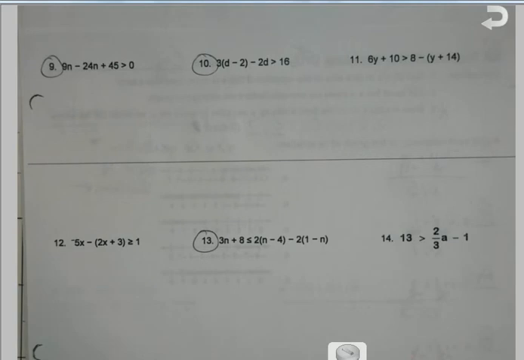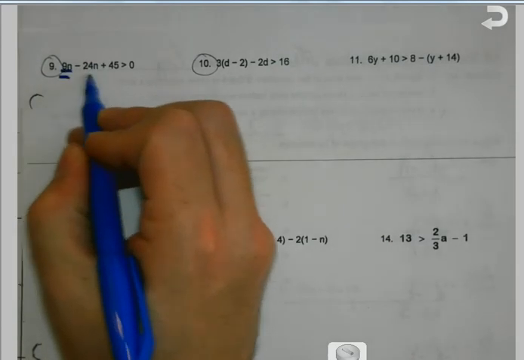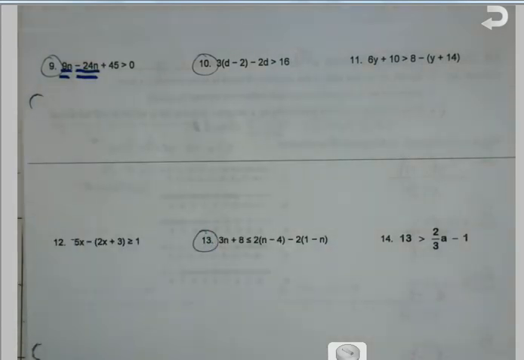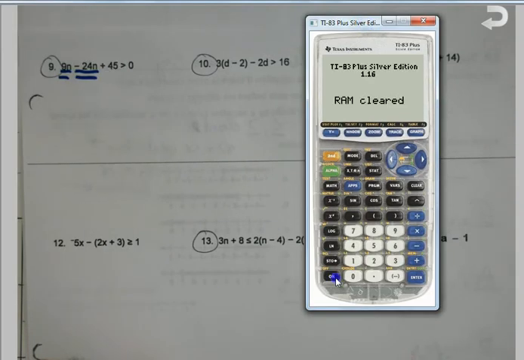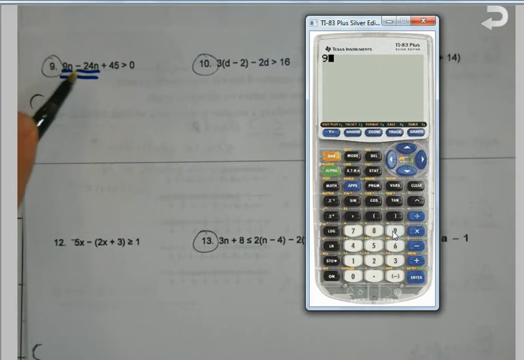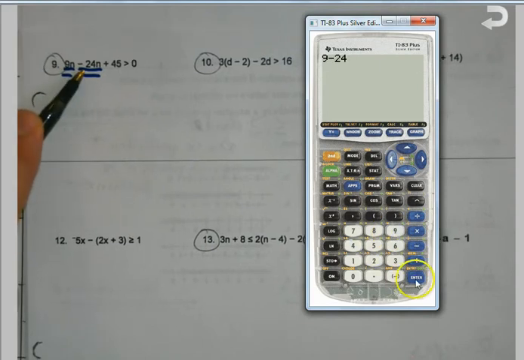Now, if you have multiple terms that have the variable, and they're on the same side, notice they're on the same side of the arrow this time, they're not on opposites. We combine those, but I have to pay attention to the signs. So when I'm doing this, for instance here, I've got 9 and I've got negative 24.